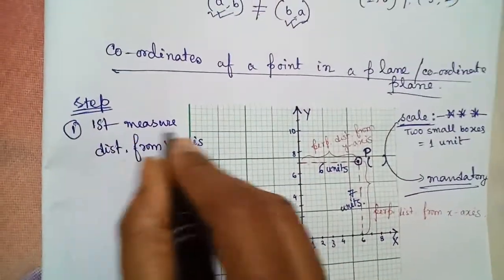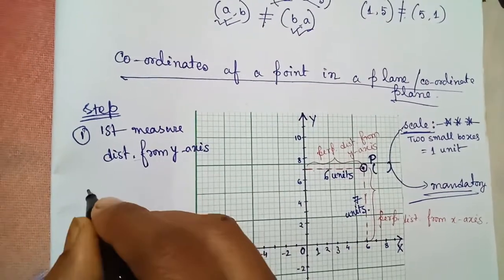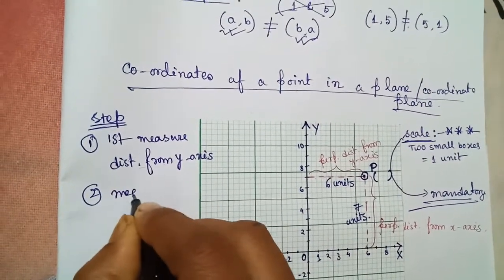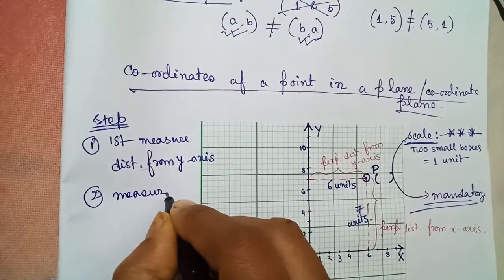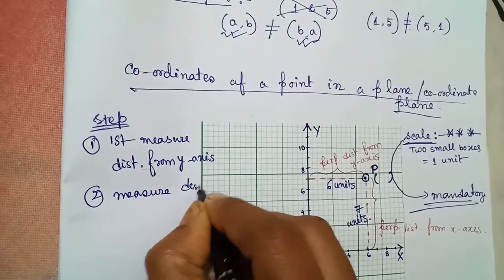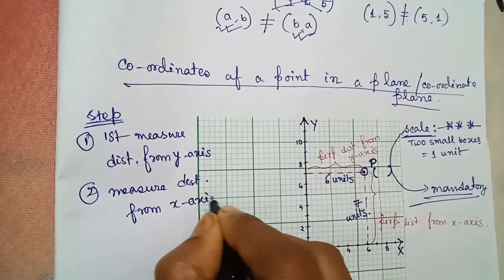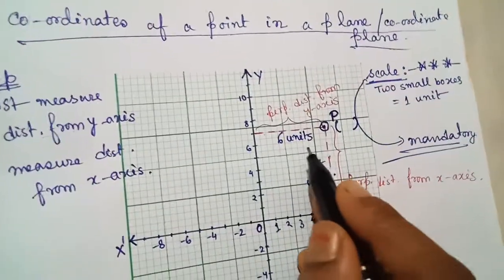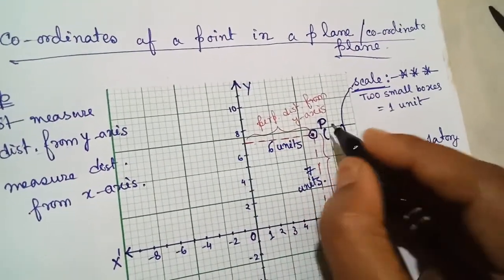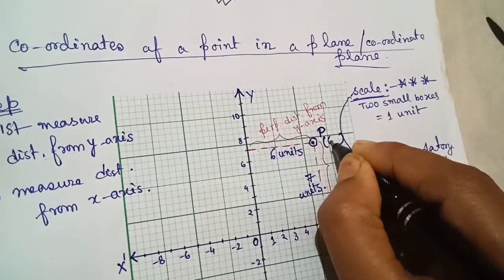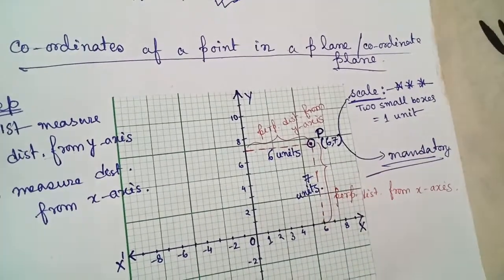So first measure the distance from the y-axis, second measure the distance from the x-axis. Then we have got 6 units and 7 units, and we will write over here 6, 7.